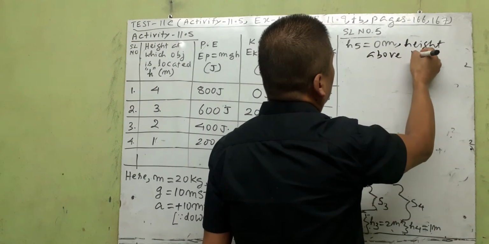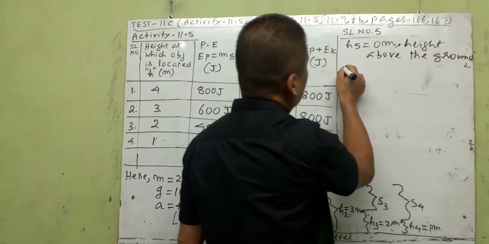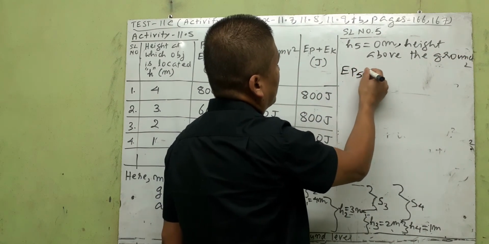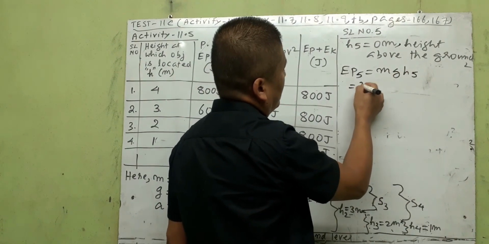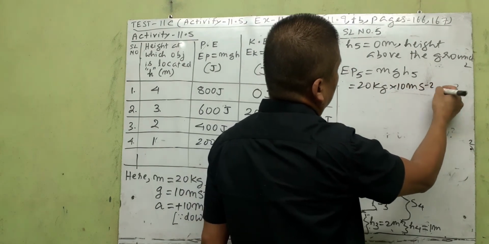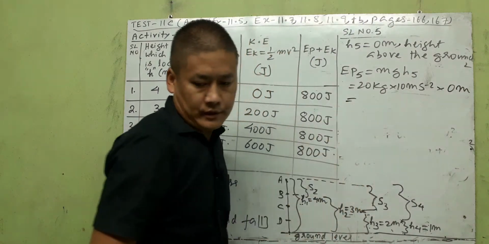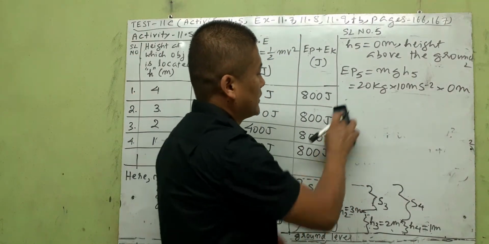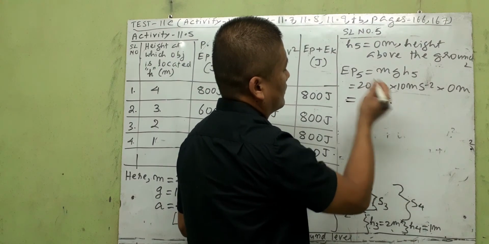So easily we can calculate the potential energy, EP5 equals mgH5. M is 20 kg, g is 10 meter per second square, H5 is 0 meter. So very easy to calculate this one, I think. When 0 is there in any factor, everything will become 0 joules.